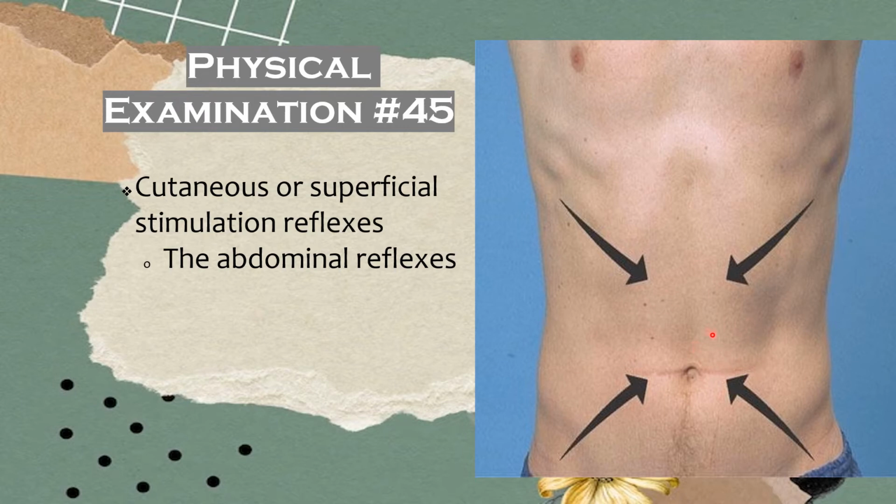You can use a key, the wooden end of a cotton tip applicator, or a tongue blade twisted and split longitudinally. And you have to note the contraction of the abdominal muscles and deviation of the umbilicus towards the stimulus.